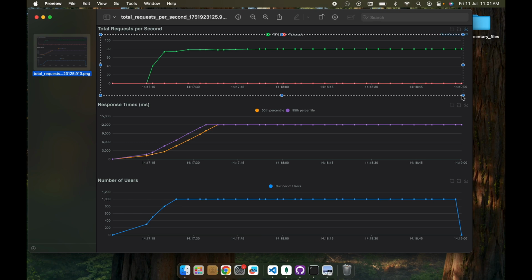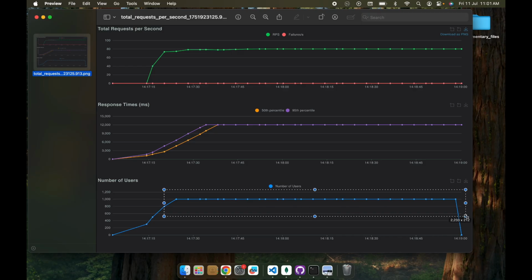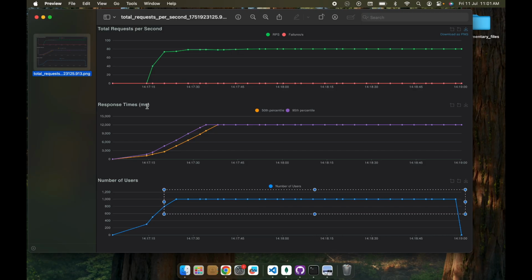So this is maybe 3 or 4% as fast, and the response times were also incredibly high. 12 seconds for both the median and the 95th percentile response times. And once again, the number of users was 1,000. So this gave us quite a few clues as to what the problem could be.